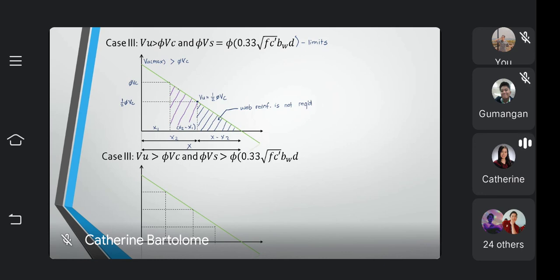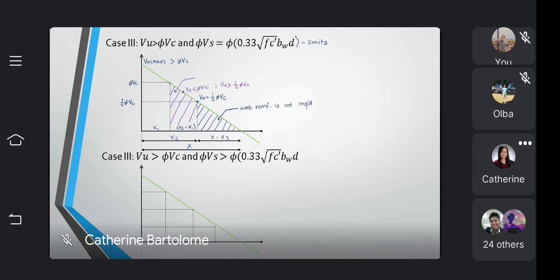And your VU here is less than VBC. So for example, ito yung VU nyo. Diba? It is less than VBC, but VU is greater than half of VBC. Nasusundan ba? Tingnan nyo yung limit nyo. Okay? So, anong case to? Case 2. Case 2. Okay?